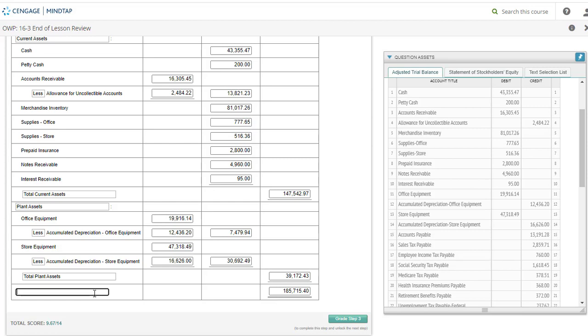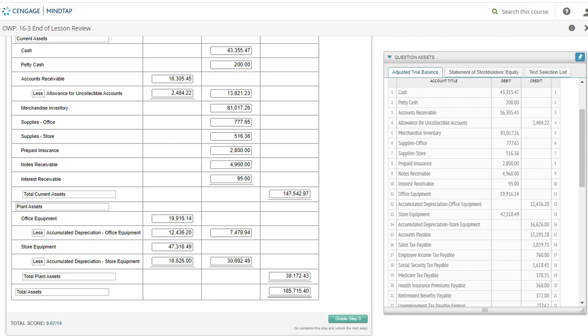And that is our total assets. So that's the left-hand side of that original equation where assets equals liabilities plus owner's equity, which in this case is going to be the stockholders' equity or our capital account.